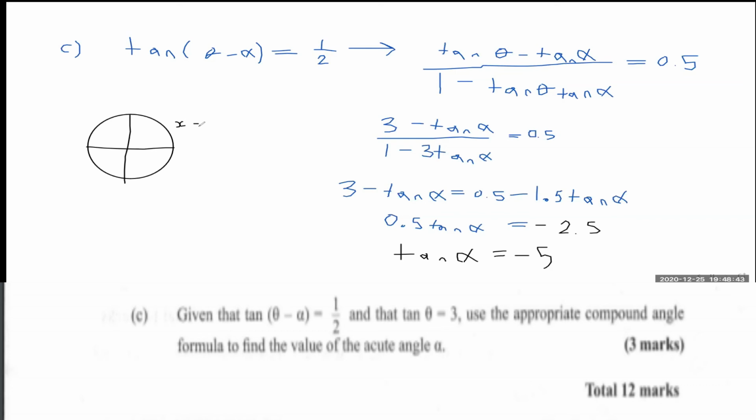X is equal to tan inverse of 5. That's the principal angle. What is tan inverse of 5? Let us see. Tan inverse of 5 is 78.7 degrees.